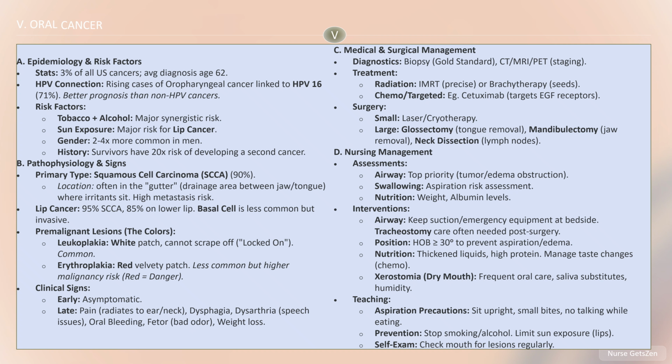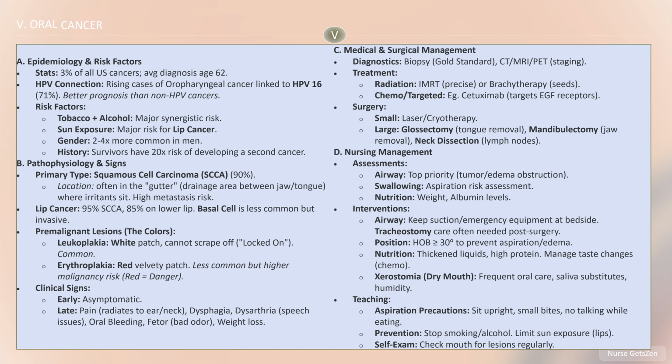Those patients tend to have a much better prognosis than those with HPV negative cancer. Lip cancer causes are intense sun exposure, excessive alcohol consumption, and smoking.